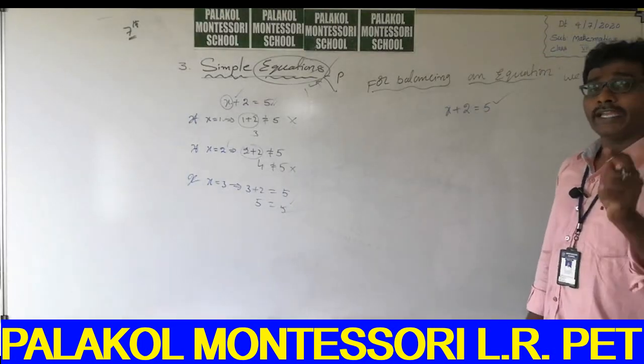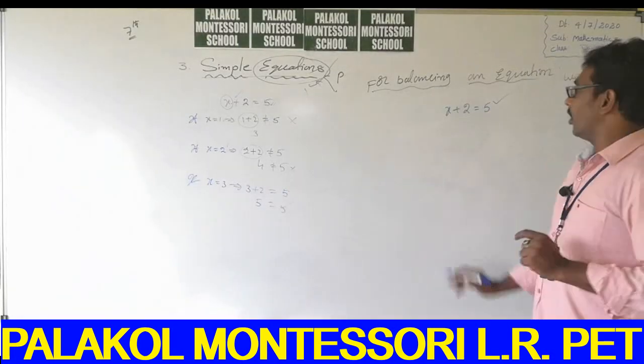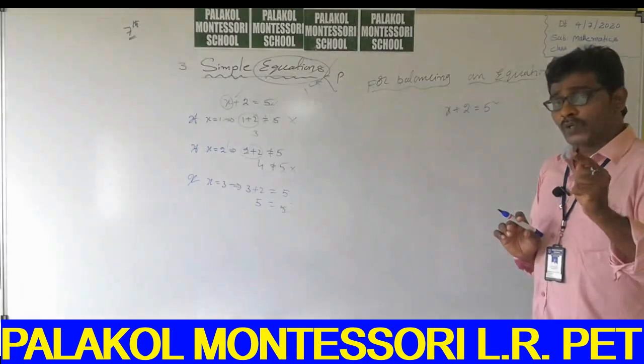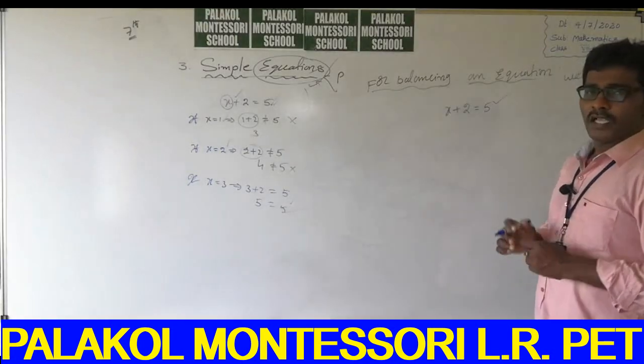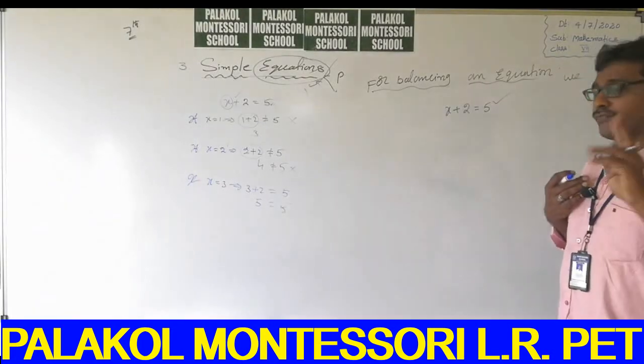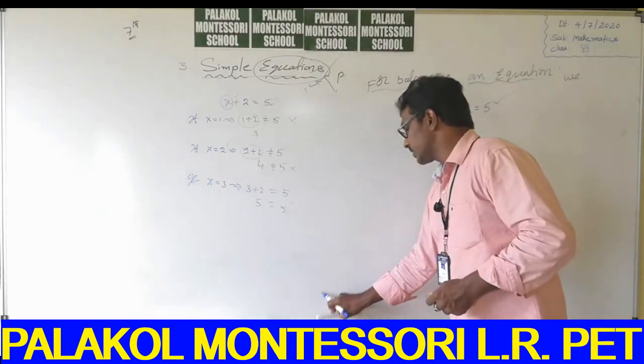Guys, take one number. That number should be added on both sides. Suppose I selected 3. x plus 2 plus 3 on the left, and 5 plus 3 on the right. In black ink I represent the new number added on both sides.